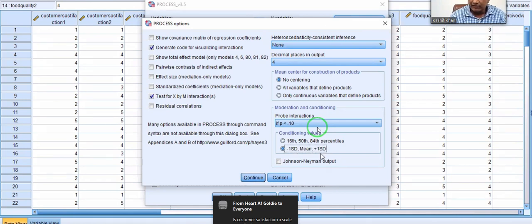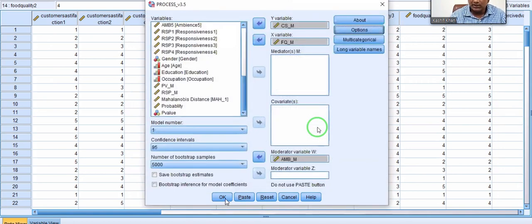This standard deviation option, try to use it; most people use this, and it looks better. Effect size is only for mediation and pairwise. I can do it, but just forget it. I'm just selecting these two, and if I want to do pairwise I can, but I'm leaving residual correlation. Let's continue and click OK.